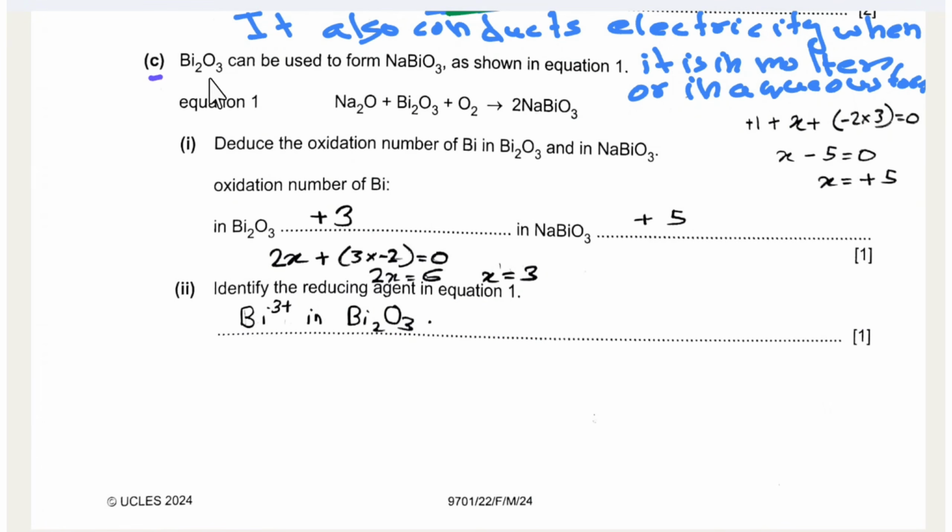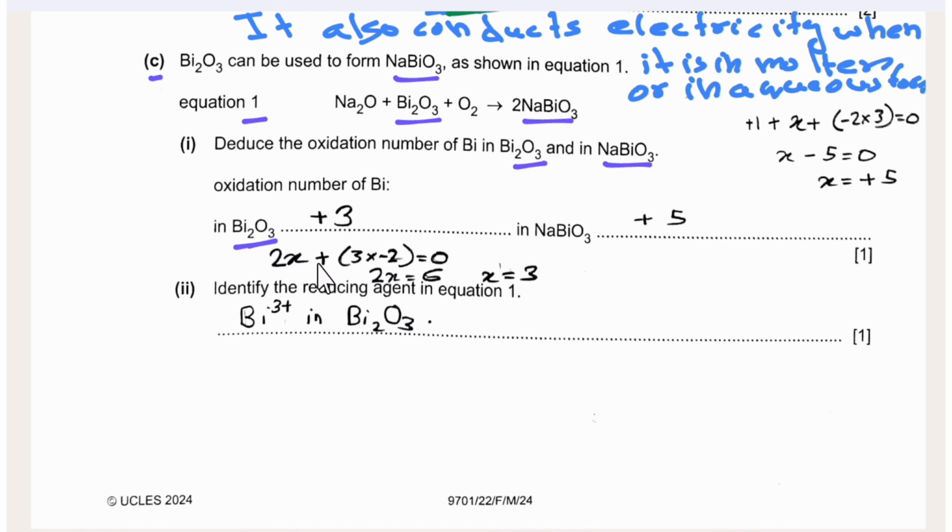Part C. Bismuth oxide can be used to form NaBiO3 as shown in equation 1. So this is equation 1, and bismuth oxide is used to form NaBiO3. Deduce the oxidation number of bismuth in Bi2O3 and NaBiO3. So what is the oxidation number?